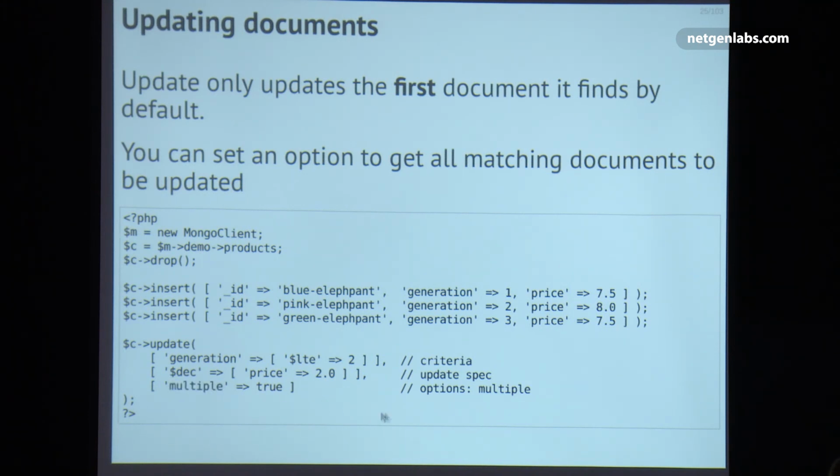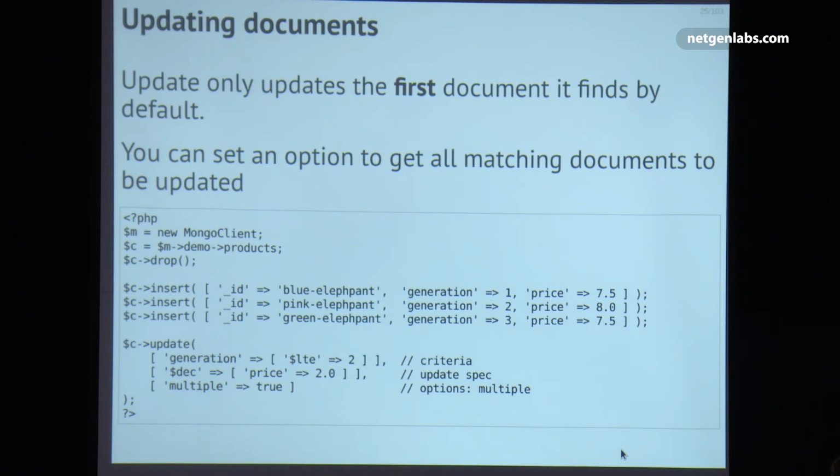The third argument to update allows you to update more than one document. Unlike in SQL, where if you do an update without a where clause, it updates all of the rows, in MongoDB you would only update the first record it finds.